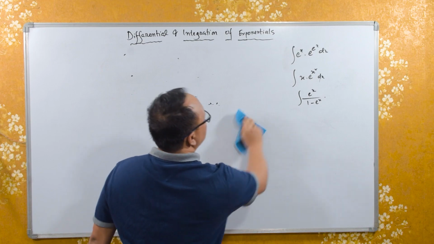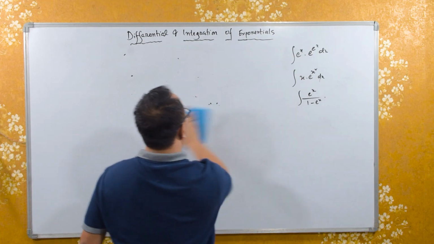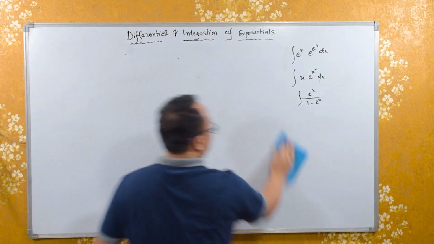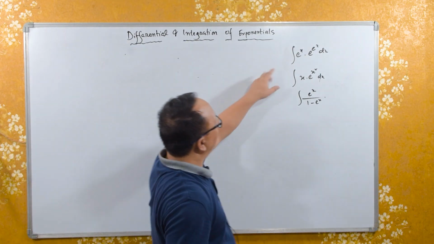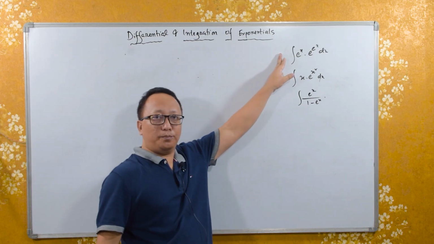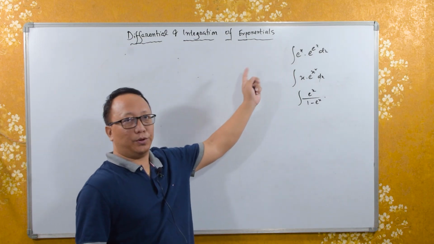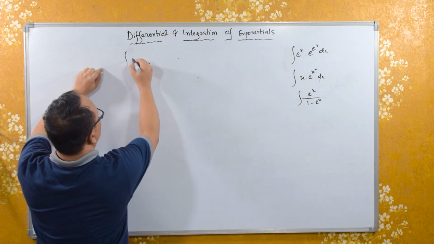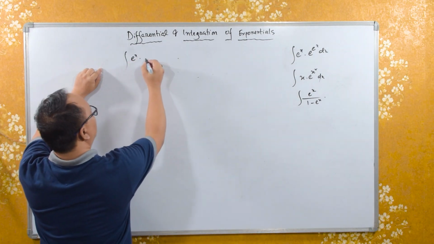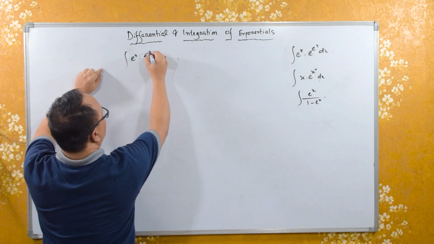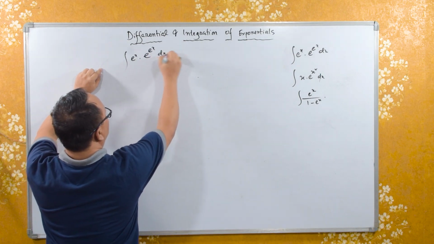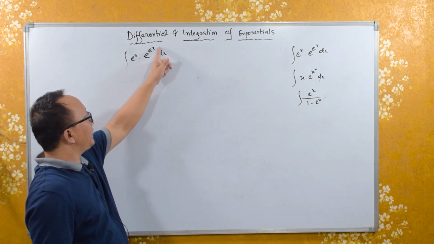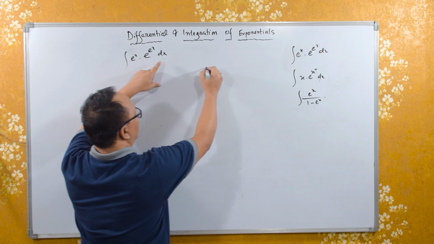Now the first one is integral of e raised to x into e raised to x raised to e raised to x. In this type of integrations we need to put some parameter u. We call it u substitution. Now if I put e raised to x as u, let's see what will come.